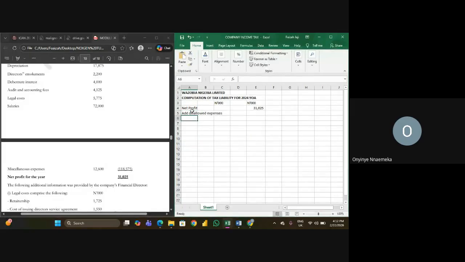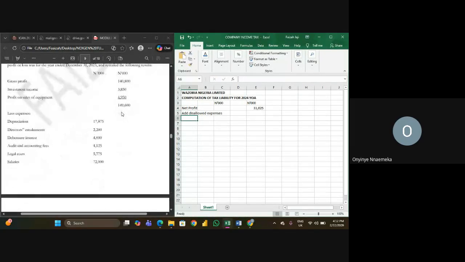So when I want to do disallowed expenses, you first go to the statement itself. You go to the financial statement itself, go to the expenses aspect, and first check for expenses that are not allowed that are in the financial statement.